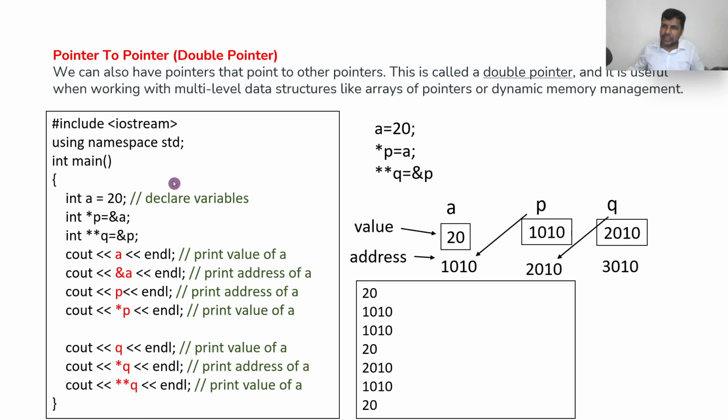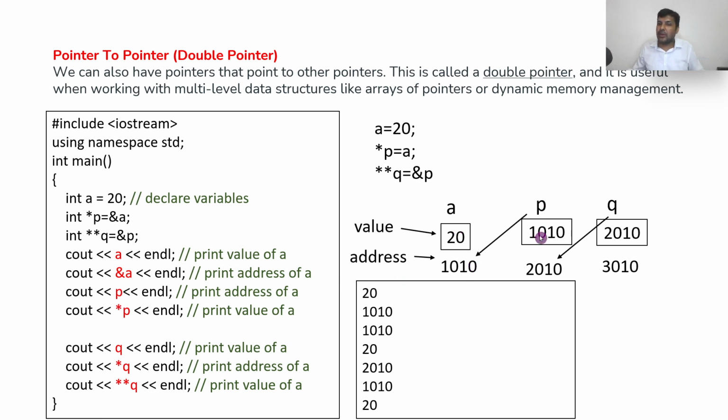So once again, let us see the program graphically. What we are saying: a is equal to 20, p is equal to &a, and **q is equal to &p. So how is it stored? a is 20 and its address is 1010, and p is storing 1010 and its address is 2010, and q is storing the address of p, and its address is 3010. Now if I say a, it prints 20. If I say &a, the address.